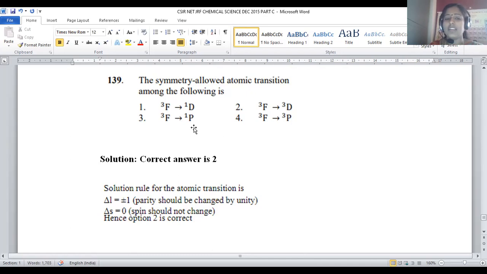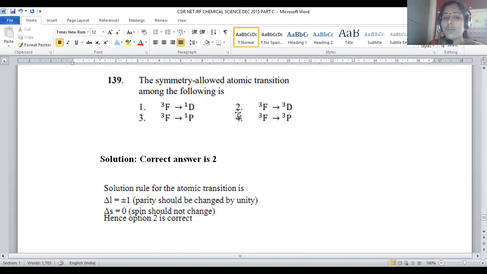Minus 2 difference is there. That is also not allowed. Means two guidelines are violated in case of option number 3. So delta L, delta S both got violated, hence we can't adopt this. And the fourth one is 3F to 3P. So for 3F to 3P spin is allowed, but the delta L will be changed by minus 2 difference. Again, you can discard this option number 4.